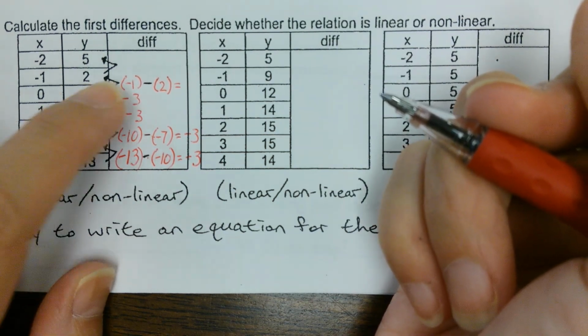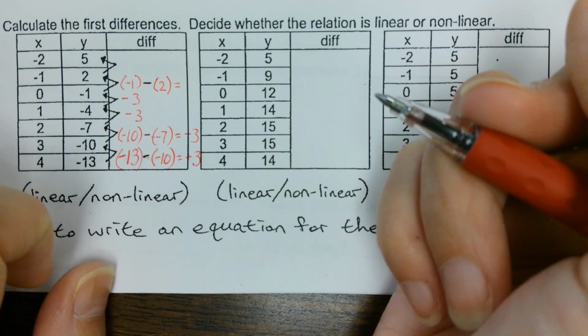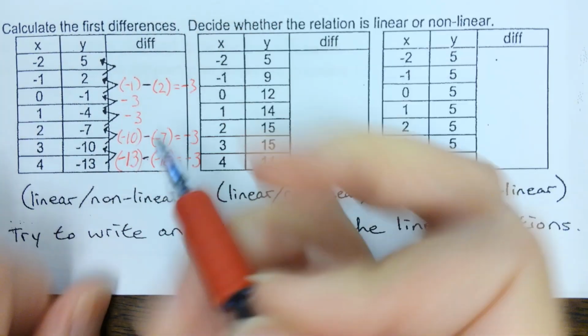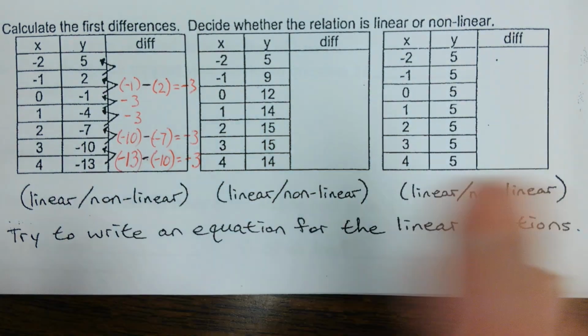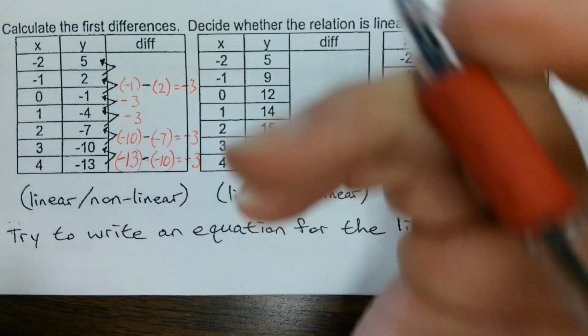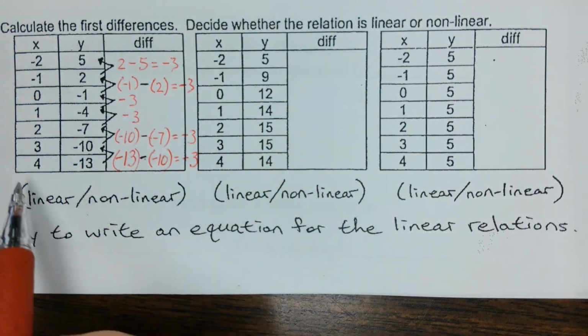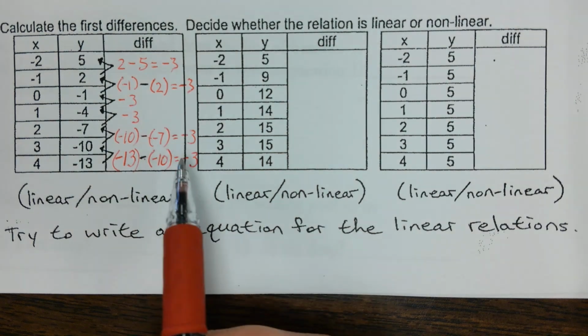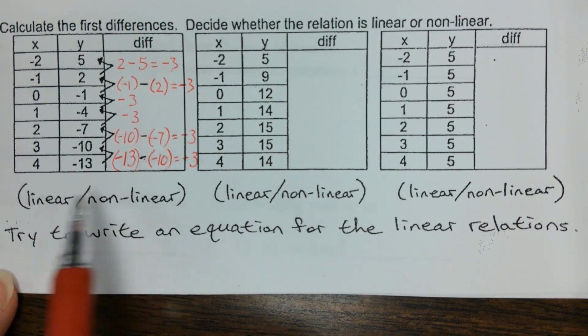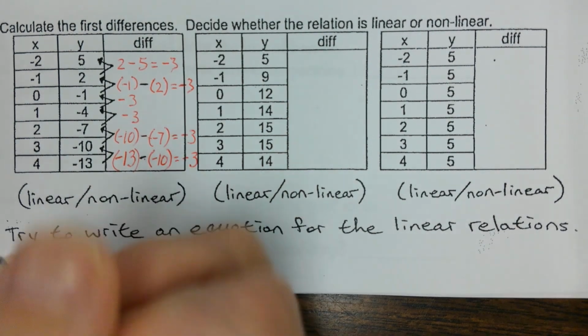Negative 1 minus 2, negative 3. Yeah. All right, so positive or negative, you do it the same way, but just be careful with the signs. And then 2 minus 5, you also get negative 3. All right. Since all the first differences are the same, this is linear.